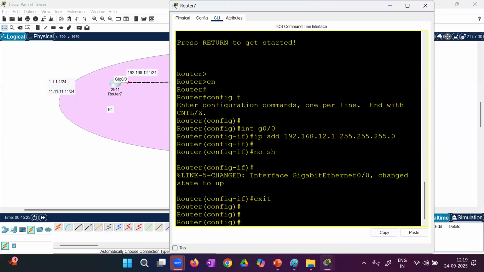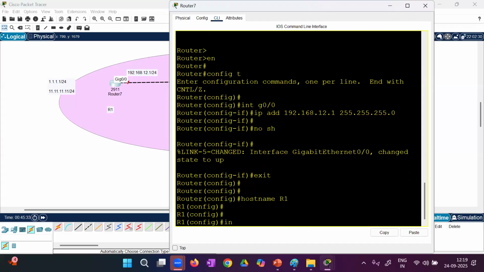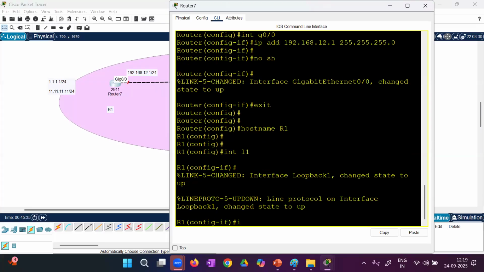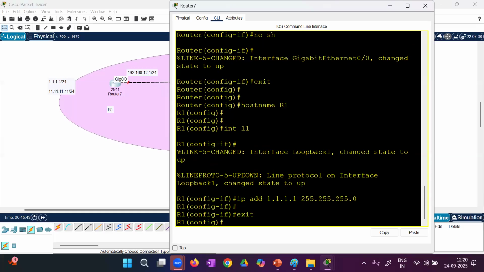Doing the same thing, no? Then again interface. Okay, give it a host name also. Host name will be R1. Next, interface loopback 1. IP address is 1.1.1.1, 255.255.255.0, and give exit.